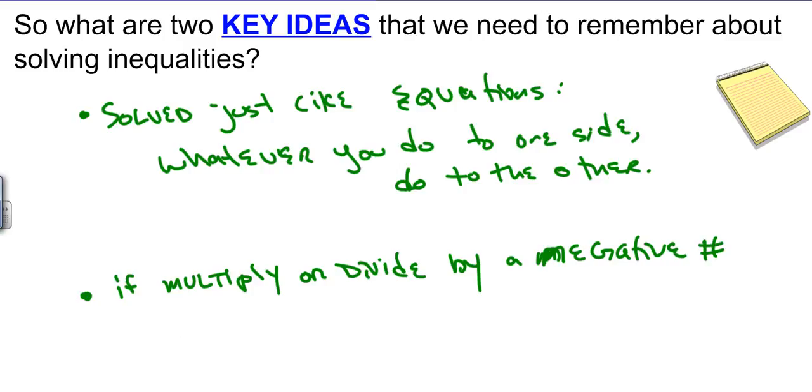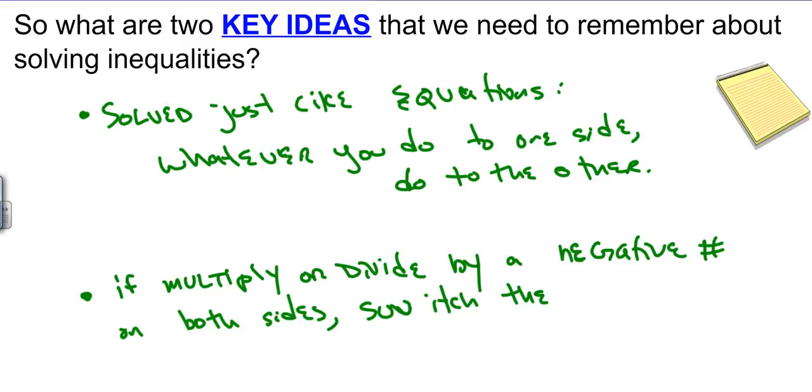If you multiply or divide by a negative number on both sides, you have to switch the inequality. If you don't remember exactly what I'm talking about, we're going to look at several examples to kind of reboot your memory. But the key here is that when you multiply or divide by a negative, you have to switch the inequality. So your less than goes to greater than, your greater than goes to less than.